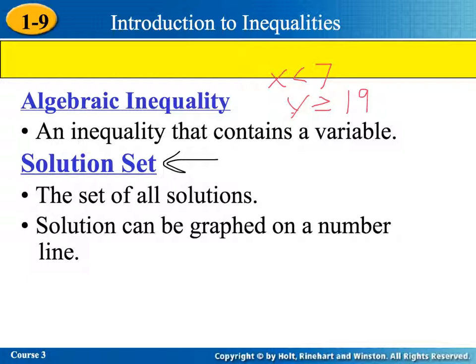So think about a number less than 7 that could be put in there. Yeah, I bet you there's an infinite number of possibilities. You could have picked 6.9999999 and still be true. There's an infinite number of possibilities. So that solution set, I'm going to show you a way to graph that.